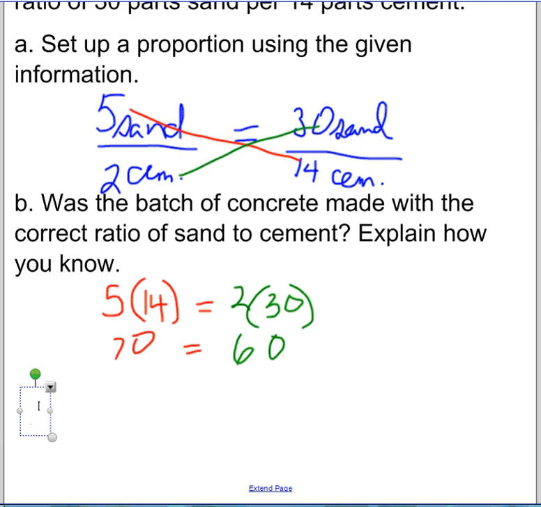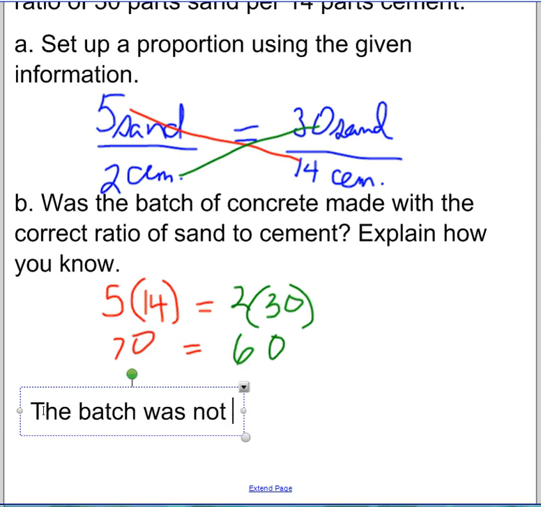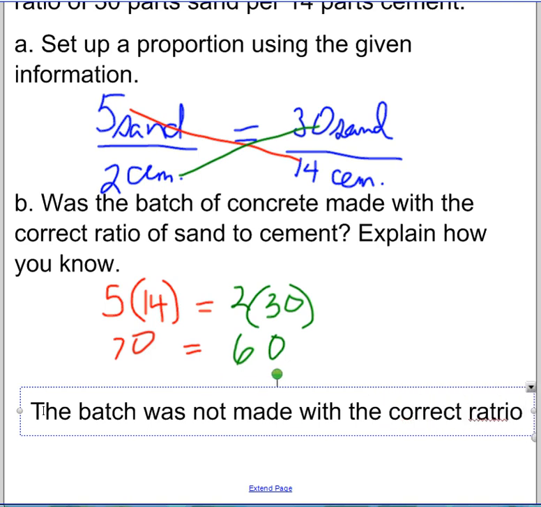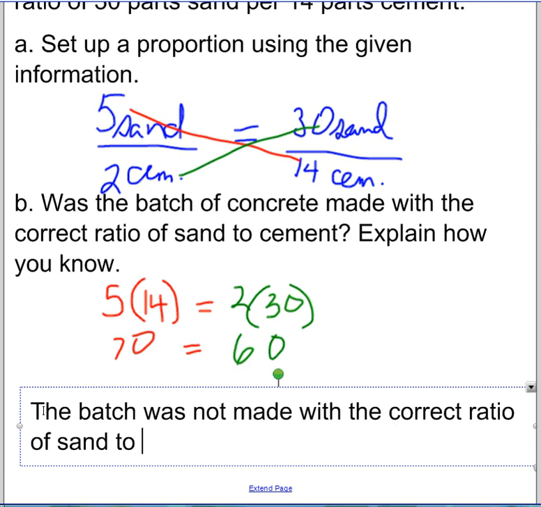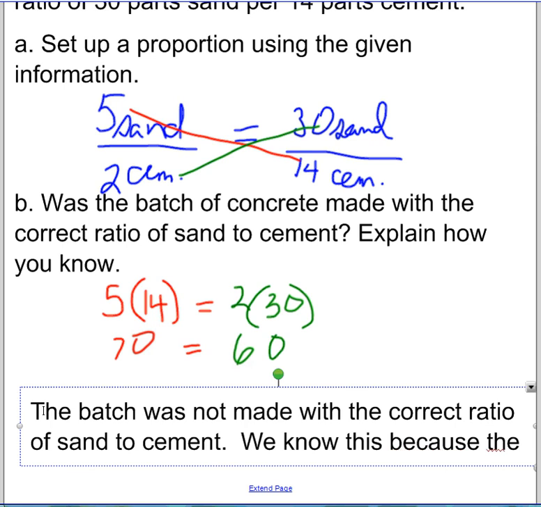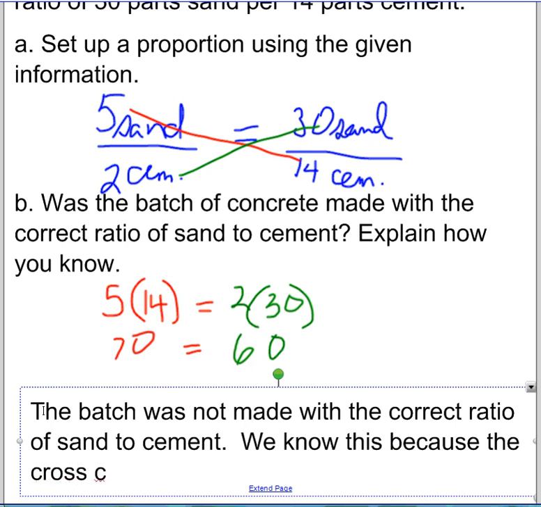So the batch was not made with the correct ratio of sand to cement. We know this because the cross products are not equal.